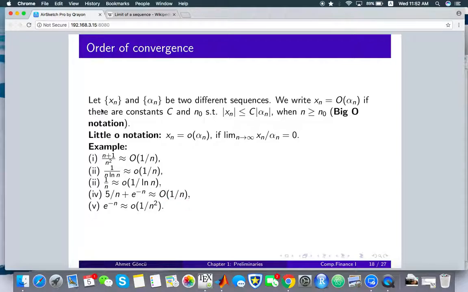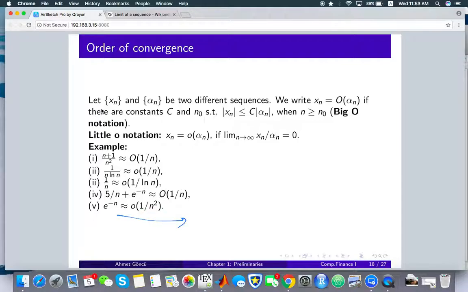The last example here, e to the power minus n, we can write this as small o of 1 over n squared, because if we take the ratio, remember, e to the power minus n divided by 1 over n squared. So let's write it here.